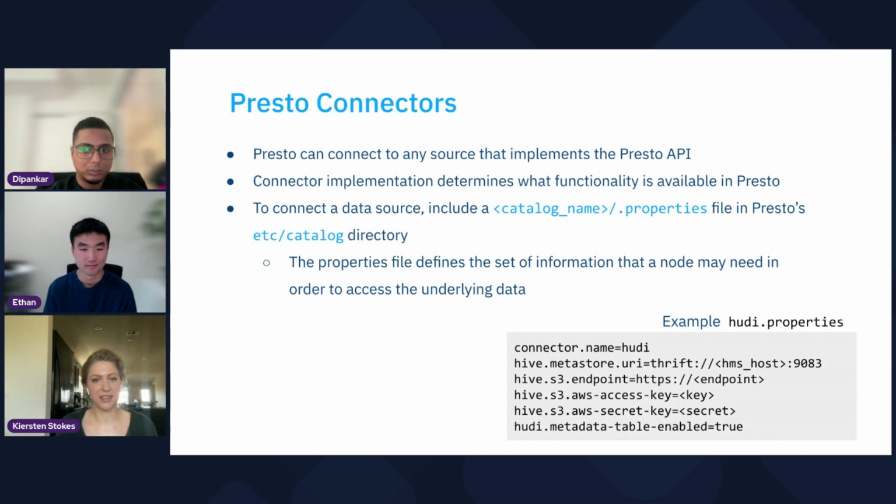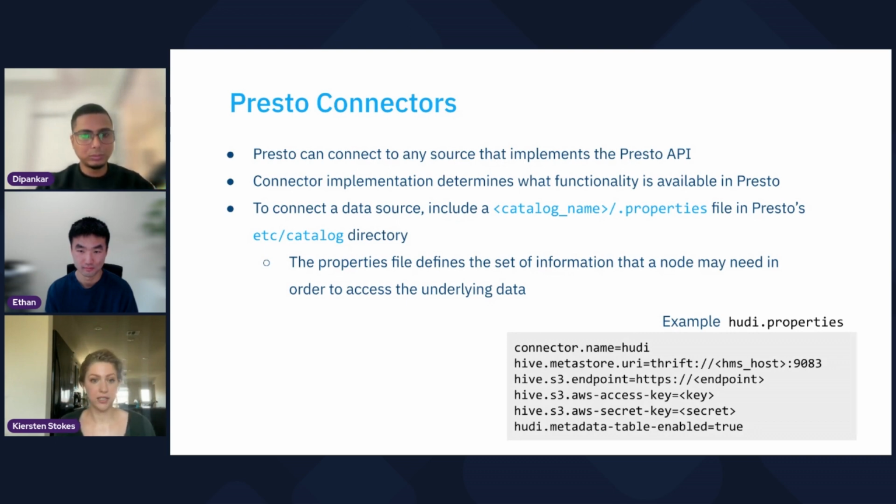This configuration file has a .properties extension, and essentially it includes all the information that a Presto node would need in order to access the underlying data. It probably also will include some other options that tell the Presto nodes specific configuration or preferences regarding how you want the data to be accessed or viewed.